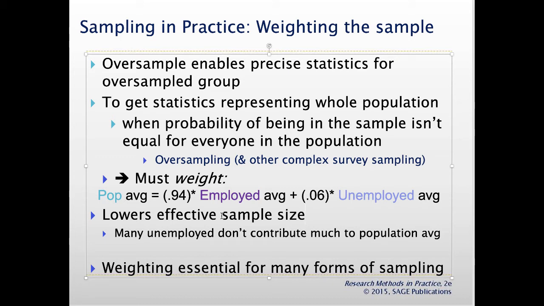The 250 unemployed don't count as much. There's a lot of software to figure out your standard errors. I'll talk more about that soon. This is not only true for oversampling, but it's also true for cluster sampling and other forms of complex survey sampling.